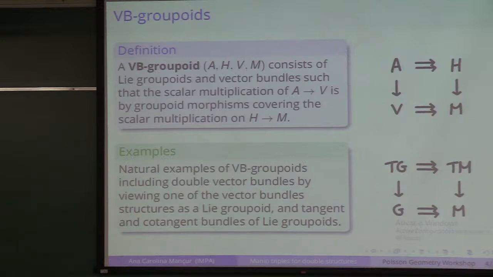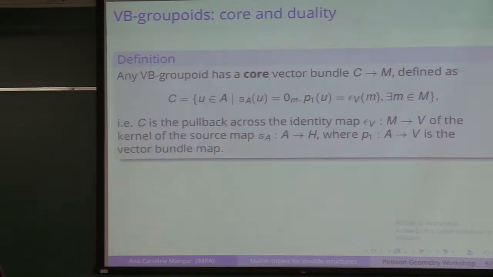Here we have one of them. If you consider a double vector bundle, and we see one of the bundles as a Lie groupoid, this is a VB groupoid. And when we have a Lie groupoid, the tangent and the cotangent of these things form a VB groupoid. And an interesting thing about VB groupoids is their duality.